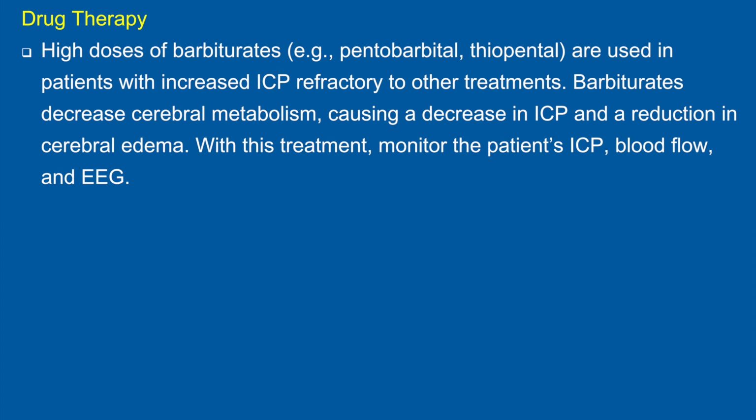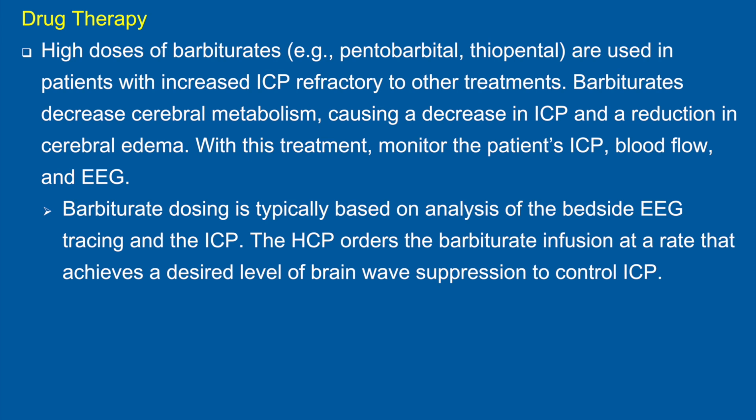Barbiturates decrease cerebral metabolism, causing a decrease in ICP and a reduction in cerebral edema. With this treatment, monitor the patient's ICP, blood flow, and EEG. Barbiturate dosing is typically based on analysis of the bedside EEG tracing and the ICP.